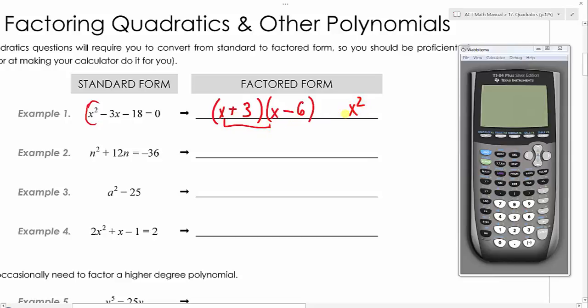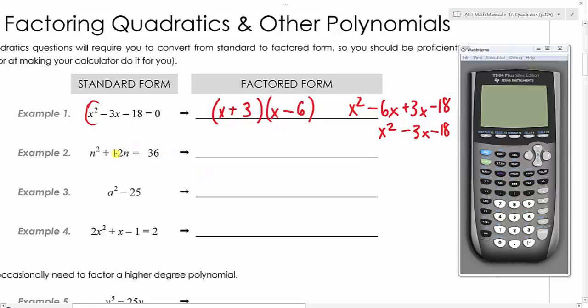The x times the negative 6 will be negative 6x. The positive 3 times the x will be 3x. And the positive 3 times the negative 6 will be negative 18. So indeed, I do have x squared minus 3x, that's what negative 6x plus 3x is, minus 18, and I get back my original quadratic. So factored form here would be x plus 3 times x minus 6.